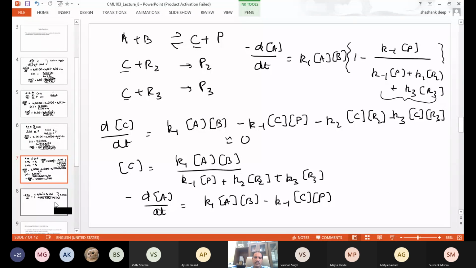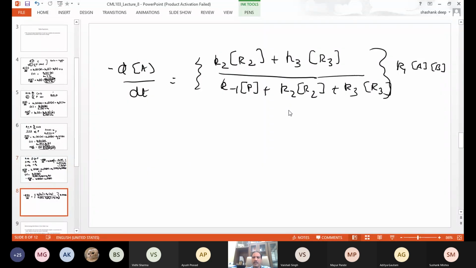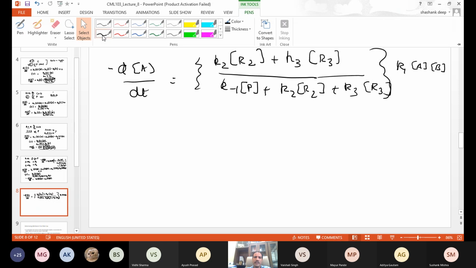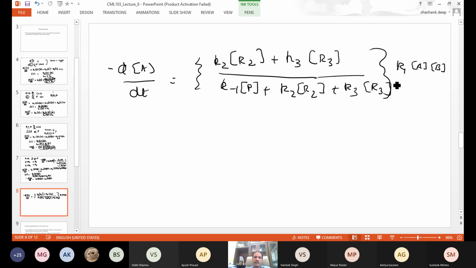Okay, so let me again go back. Same thing, I wrote minus dA by dt. So for the same reaction, you will be able to get this equation. And if you get this equation, what you got is 2 positive terms.